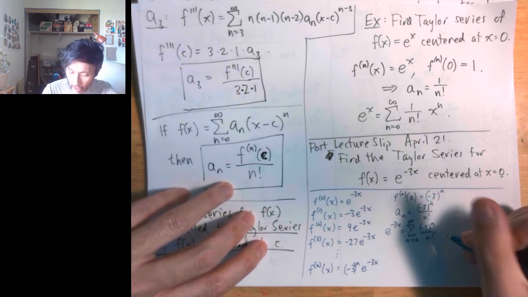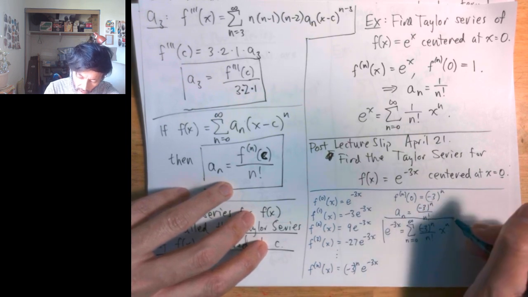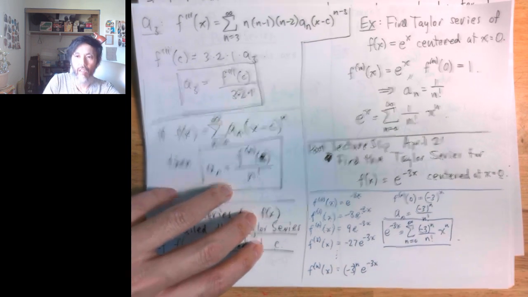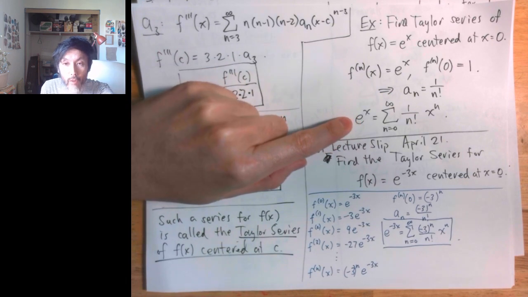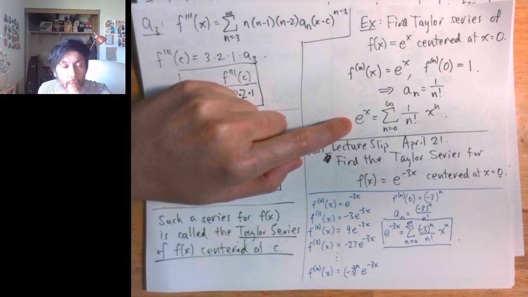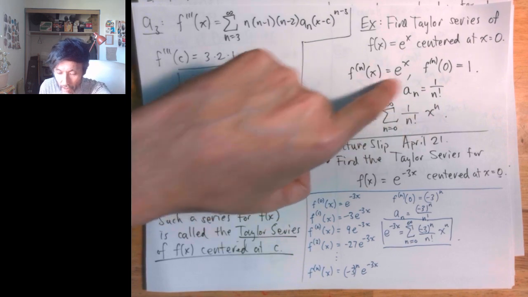But c here is 0, so that's just the same thing as x to the nth power. All right, so there it is. That's the answer. Now, yesterday we developed this formula for the Taylor series for e to the x centered at 0. Right, and we came up with this formula here.